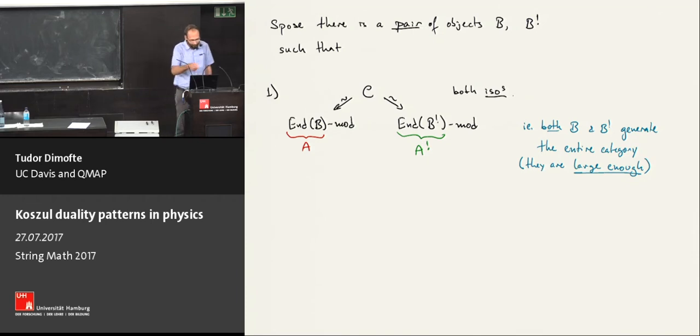Specifically such that these maps obtained by sandwiching with either B or B dual are actually isomorphisms. So our category is completely equivalent to the category viewed as a module for B operators or B shriek operators. And I'll call the 2 endomorphism algebras A and A shriek.